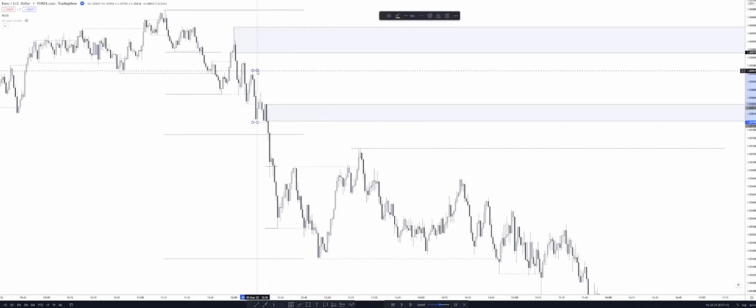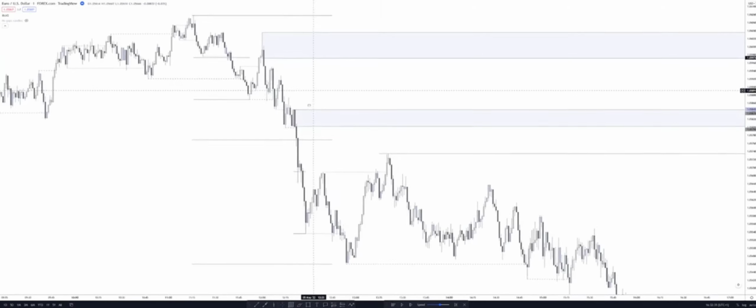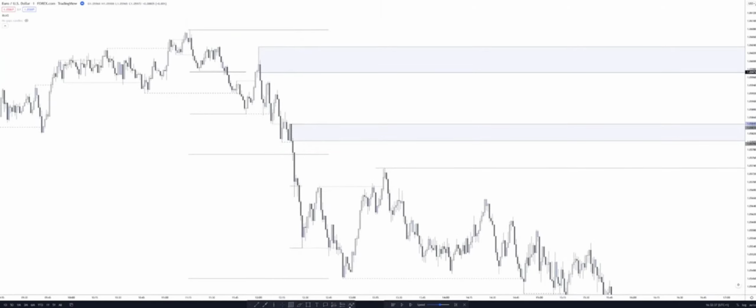So as you can see here on the 1 minute, price broke structure here, mitigated something, broke down again.